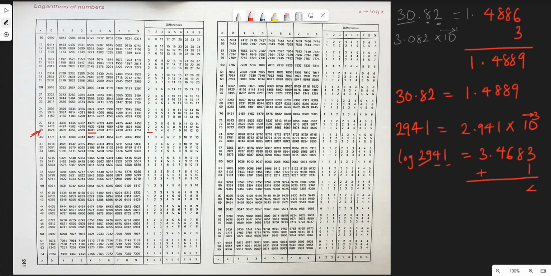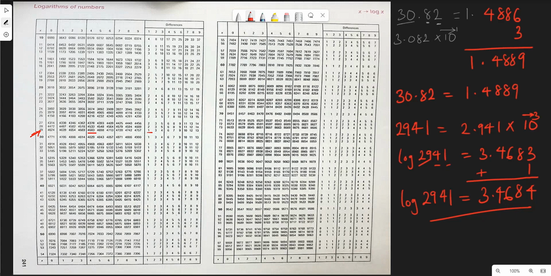So I'm going to have 4684. Therefore, the logarithm of 2941 equals 3.4684.